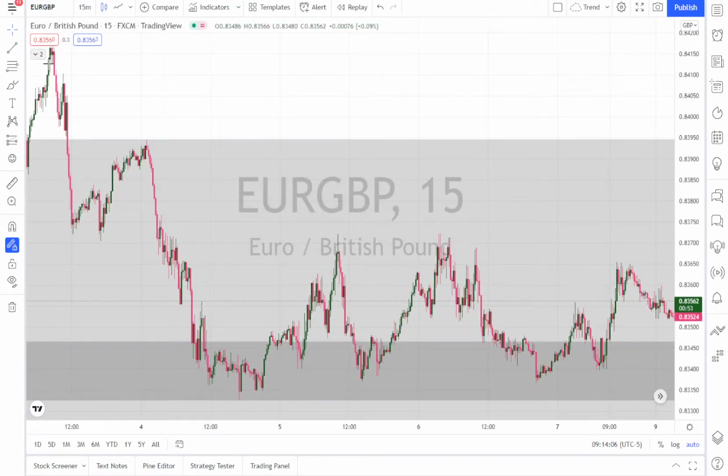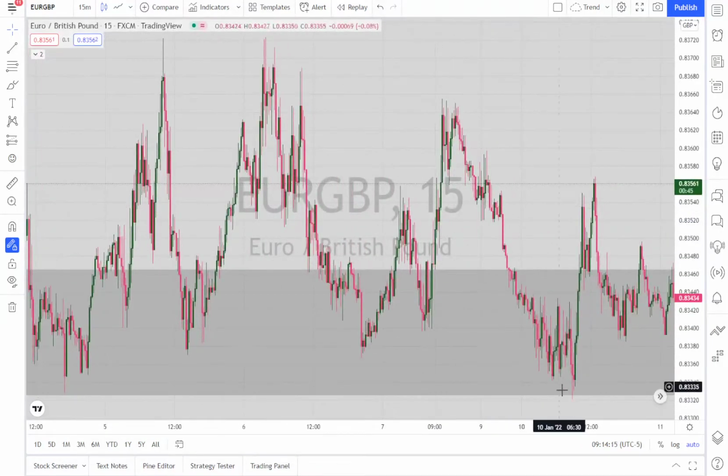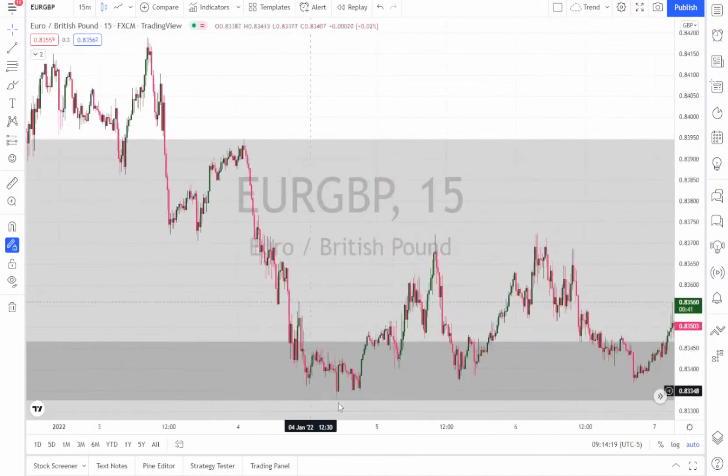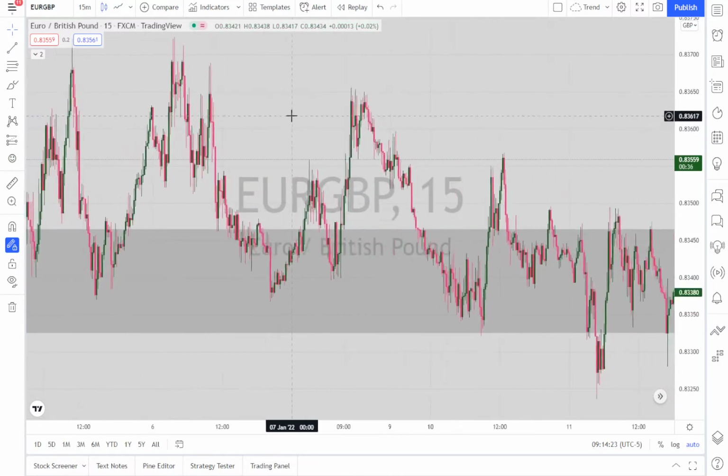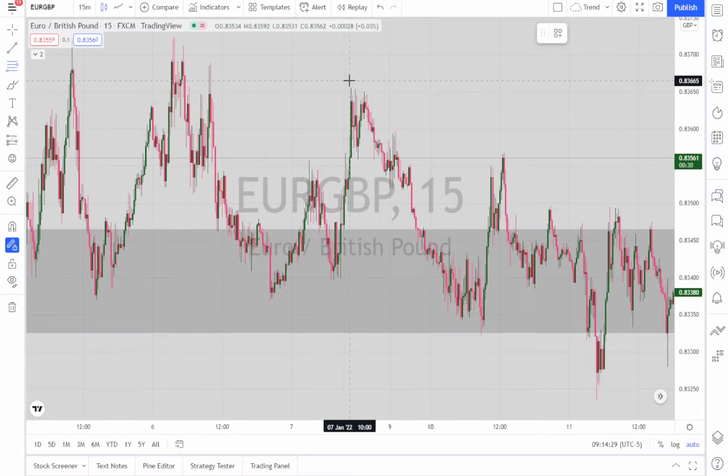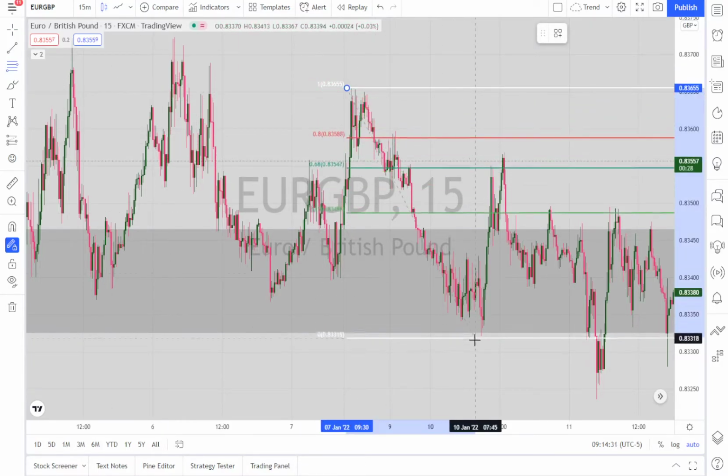Okay, because this was the low that was created from this big shift down, we want to see a break of this low here, and we see it right here. Once this break happened, what we want now is the last high that created that break. Okay, and we want to mark that from low, high to low right here.